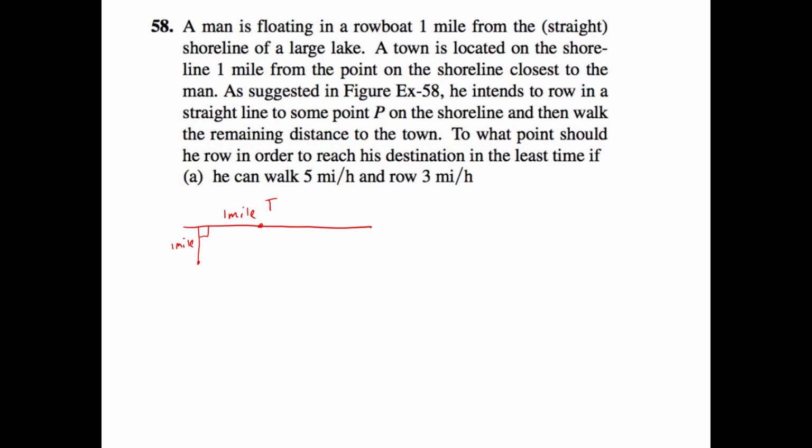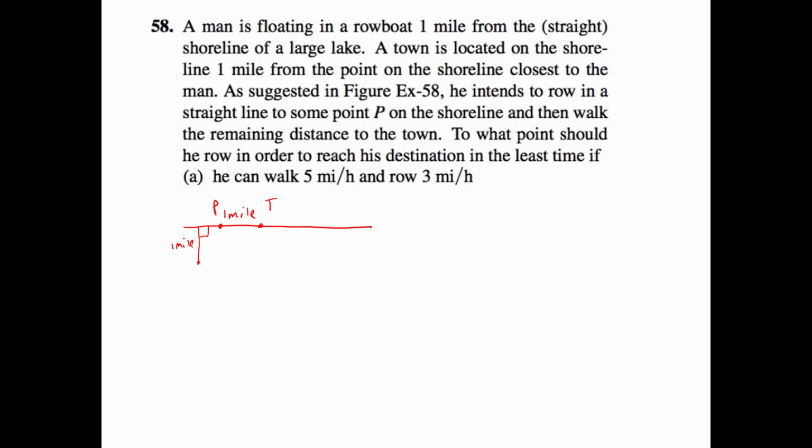He intends to row in a straight line to some point P. He's going to come here to some point P, and then walk the remaining distance to town. To what point should he row in order to reach his destination in the least time if he can walk 5 miles per hour and he can row 3 miles per hour?